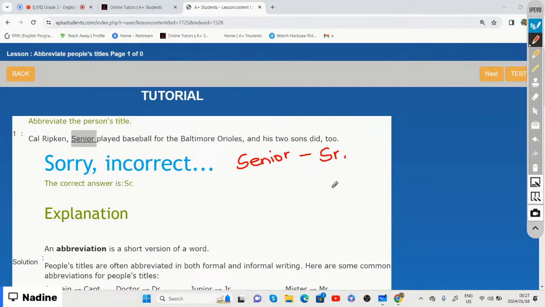So this is how we abbreviate the word senior.